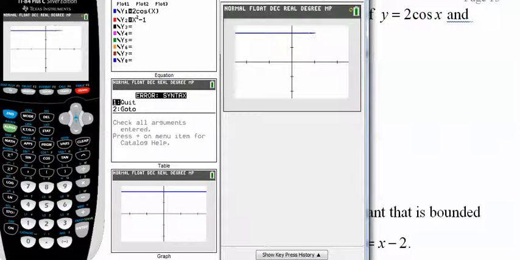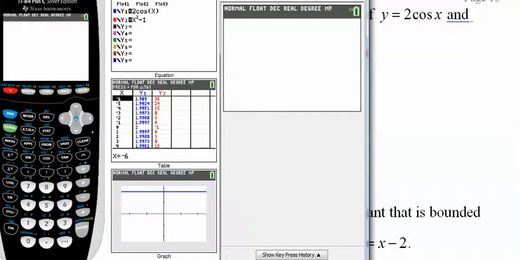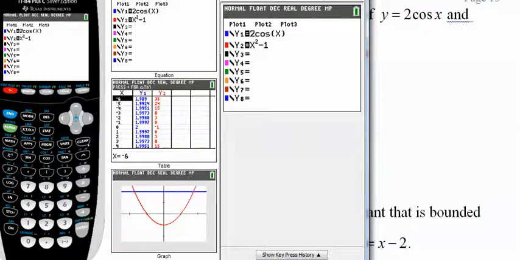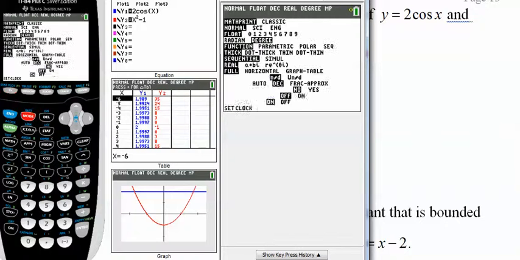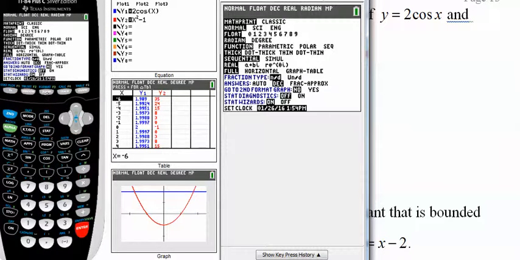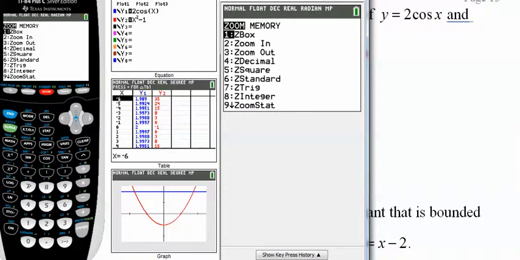Clearly I've made a mistake. Gotta wait till it finishes graphing. I'll do my x squared minus 1 at least. I don't think I got my cosine of x in there. I did. Am I in radians? I'm in degrees. And zoom, let's put it in trig.